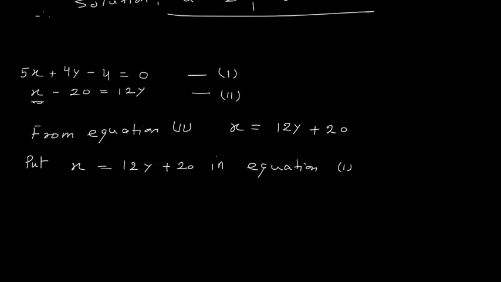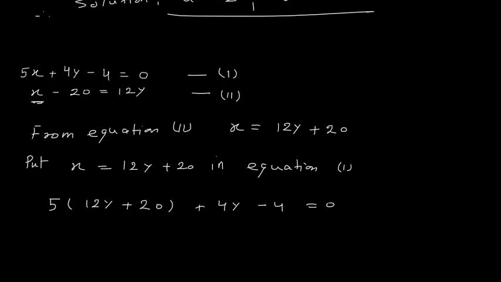We get x equals to, in equation 1, 5 into, in place of x we are writing 12y plus 20. So 5 into x plus 4y minus 4 equal to 0.